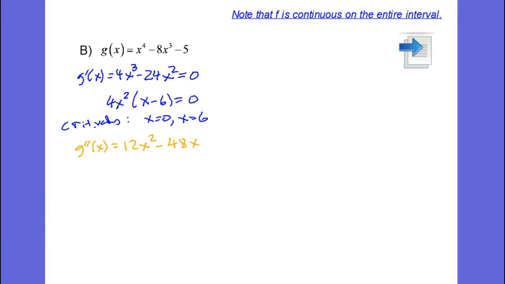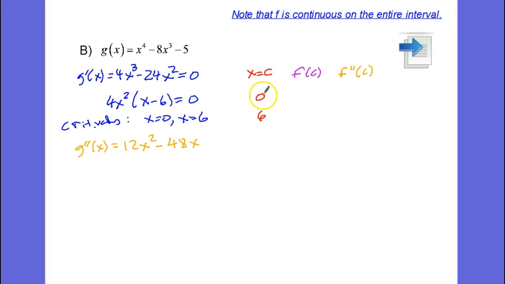And we will make a table with our critical values. So x equals c, and then we will find g of c, and then finally g double prime of c. We have two critical values, 0 and 6.